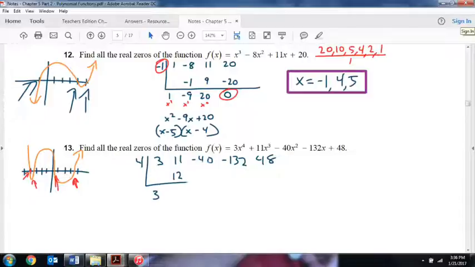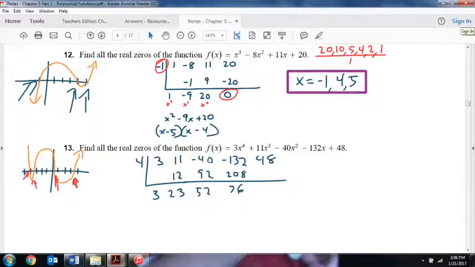So here we go, let's try this again. Only takes one little small mistake. 23 times 4 is 92, minus 40 is what? 52. 52 times 4 is 208. Minus 132 is 76.